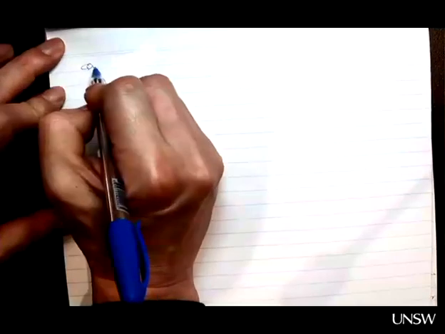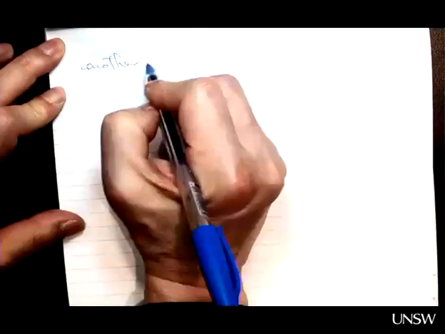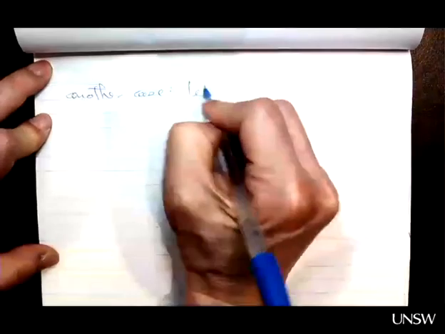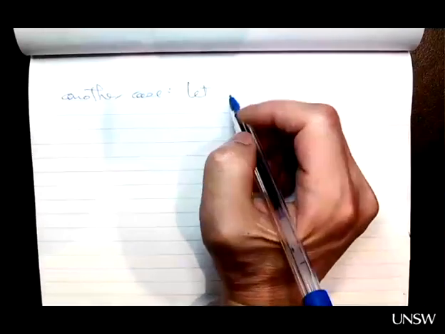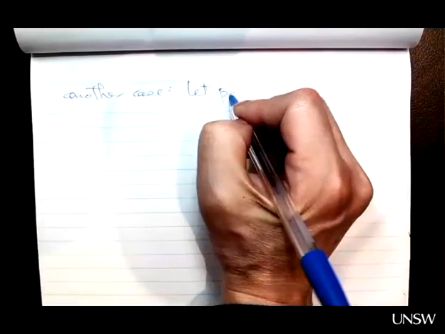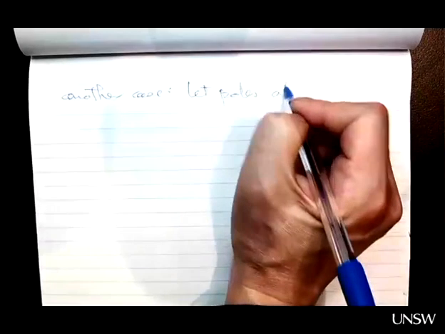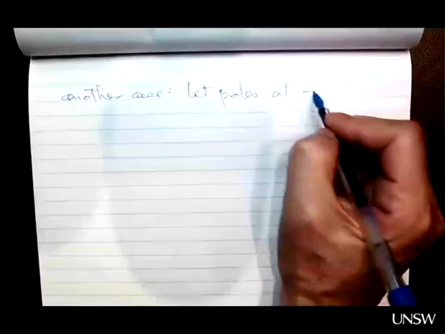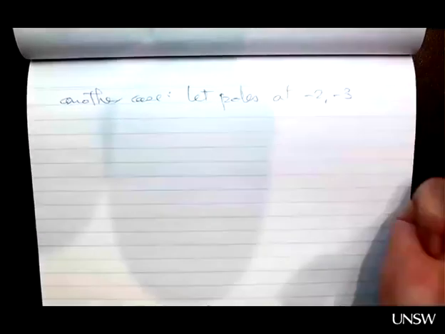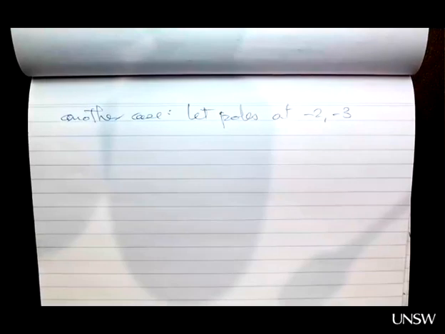Okay, then we consider another case. We specify poles at -2 and -3. Then what do we expect from the response of the system?